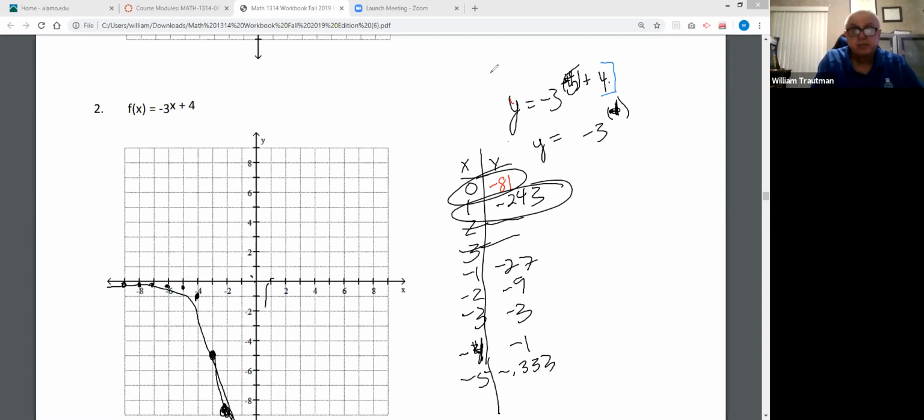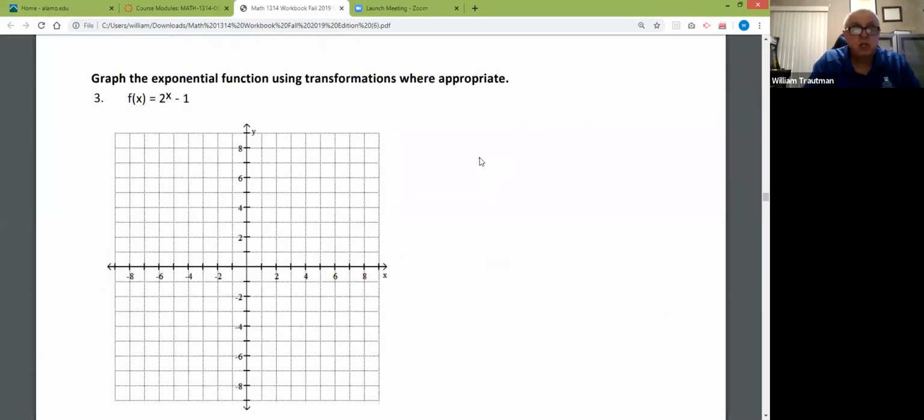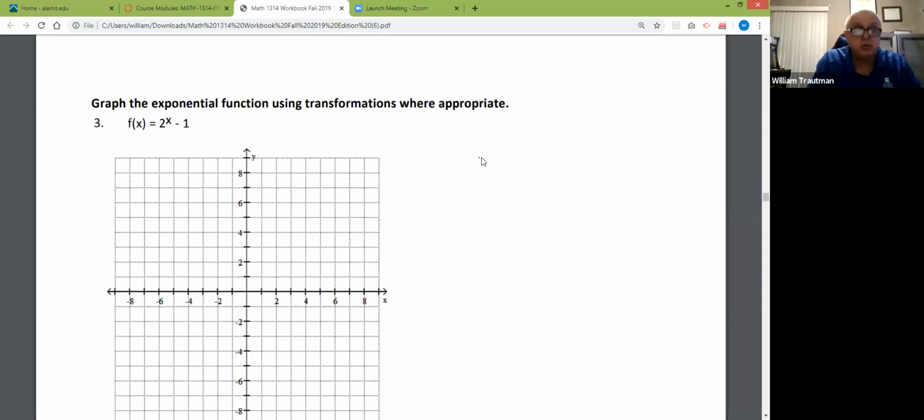All right. So now that we've seen a couple graphs, is that it, or do I have to do more? Oh, we do have to graph this transformation where appropriate.